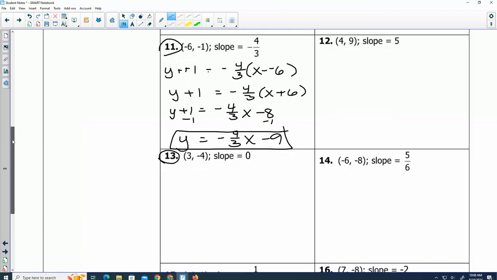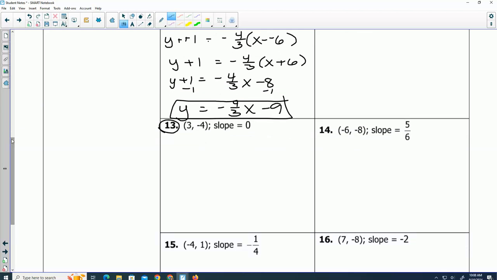Okay, number 13 though, we did not do well on this one. So if we set it up, y minus y1 is what? Negative 4 equals m. What's m? Times x minus 3. Okay, minus a negative is positive.